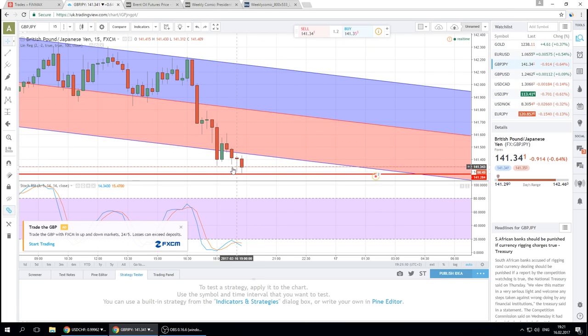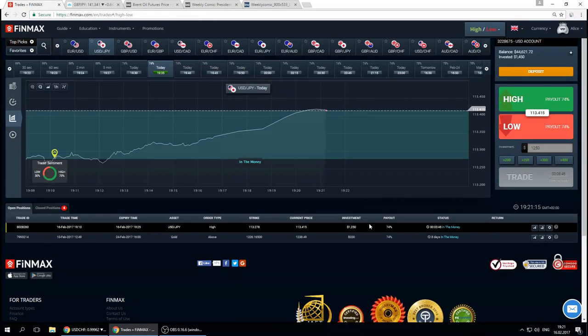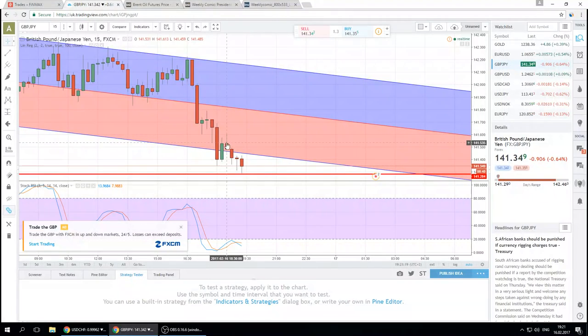The first trade that we opened expired out of the money. So we opened the second trade in order to cover the losses of the previous one. The second one also expired out of the money. So we opened the third trade, and the third trade expired in the money, bringing us profit.